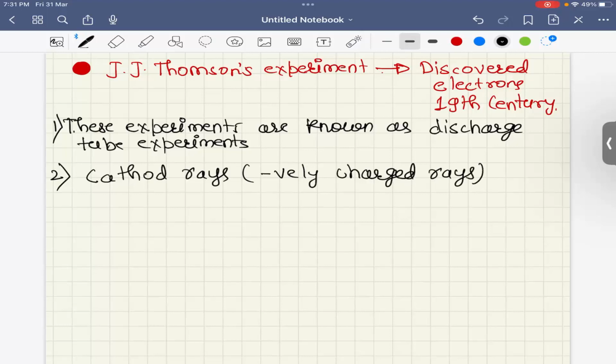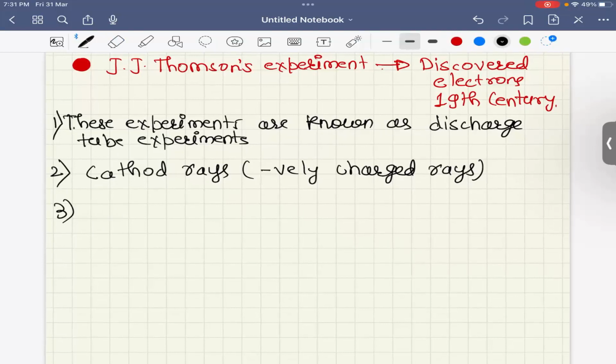The existence of these rays was shown by scientists like Plucker and Crookes, but the main credit goes to J.J. Thomson because he studied the properties of cathode rays in detail, which led to the discovery of electrons as well as e by m. We'll discuss it later.